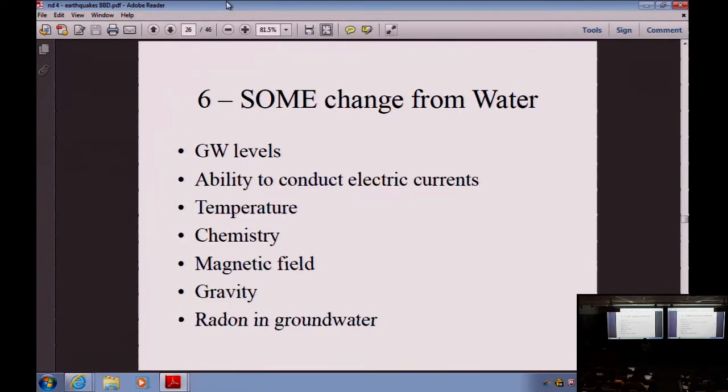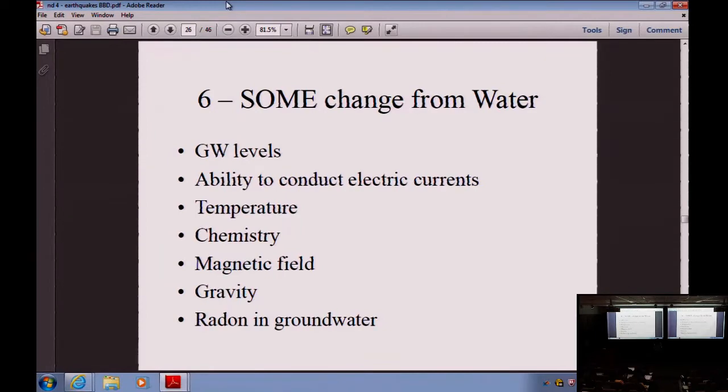The temperature can rise or fall. Along with the ability to conduct electric currents, there's a rapid change in the chemistry, and jumping down to the bottom, including radon, a radioactive gas that can suddenly appear in groundwater wells right before an earthquake. And then also slight changes in magnetic field or gravity right before an earthquake.